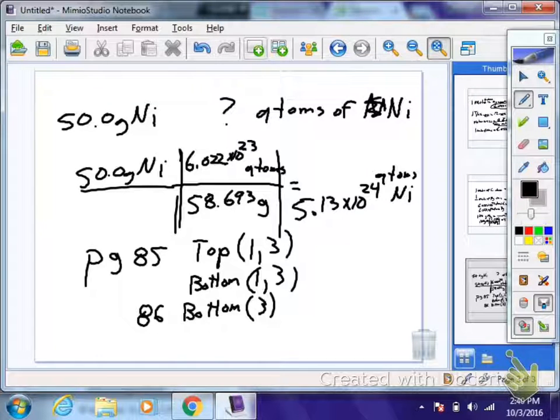Okay, and there's practice problems A, B, C, and D. So I think we're doing practice problems B, C, and D. Okay, B, C, and D is what we're doing on those 2 pages.